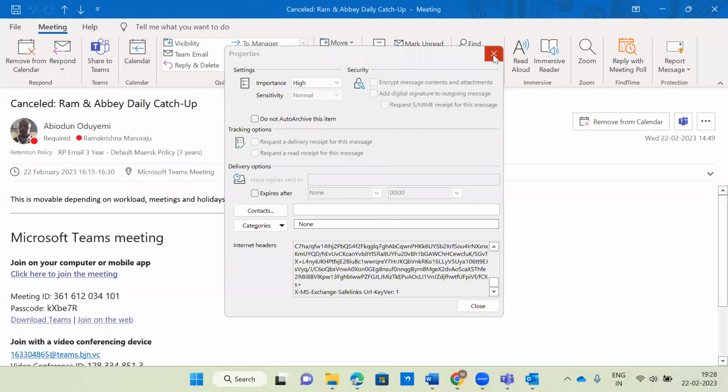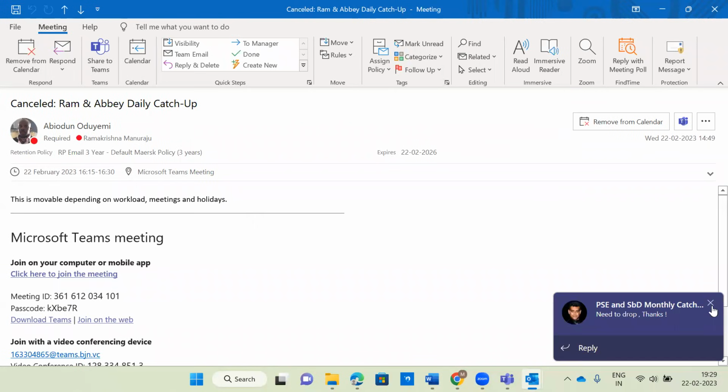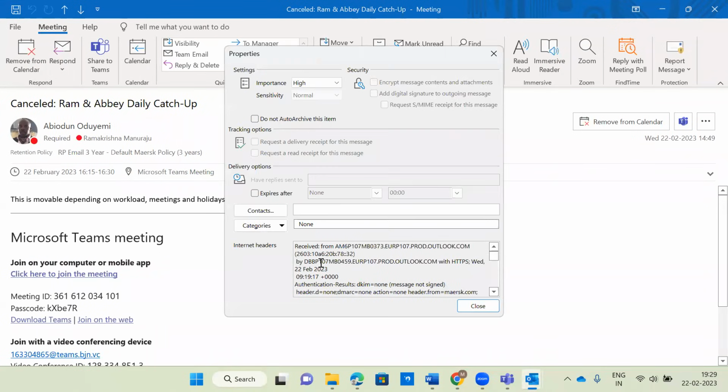First of all, you should understand where the header analyzer is. Without knowing the header analyzer, the entire body of the content, how can you proceed and explain? You have to give instructions to the interviewer. Open the email, go to the arrow mark in the middle, wherever the tags are, and click on that. This is the message options tab. Once you click on this, we can see the header analyzer.